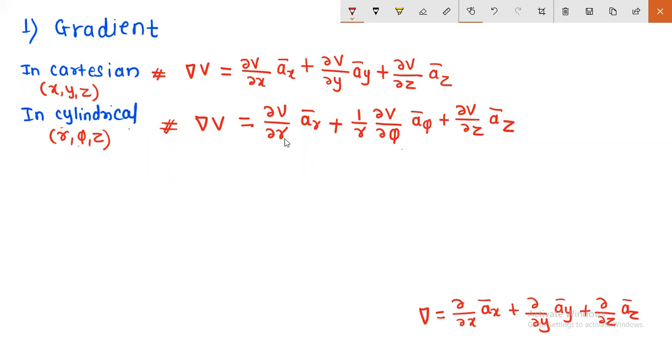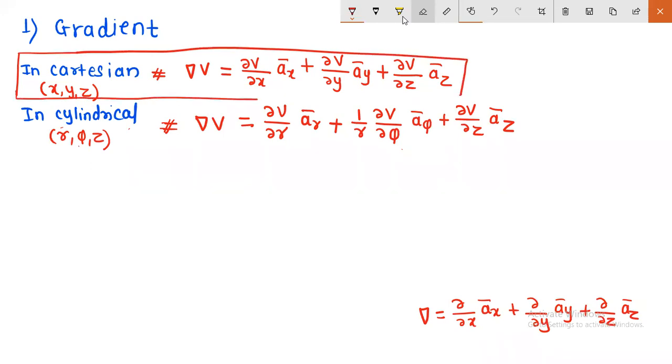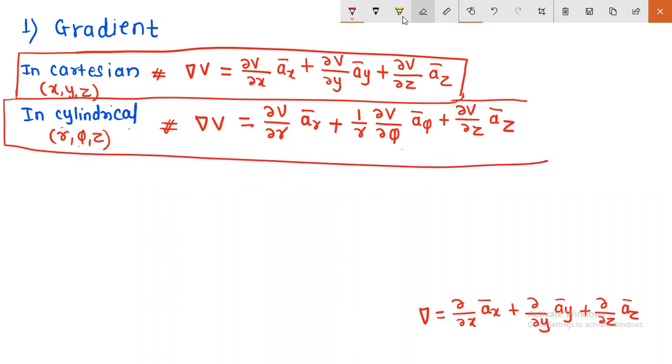So you have to remember all these formulae. This is for Cartesian. You can make the box. Okay, for cylindrical. And now you can write for spherical.